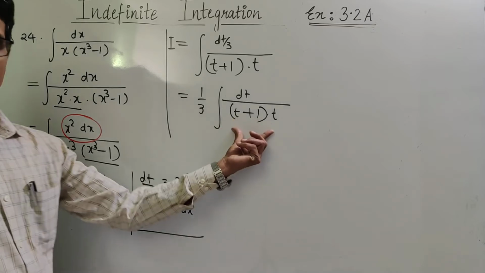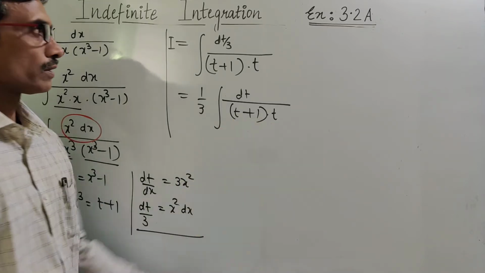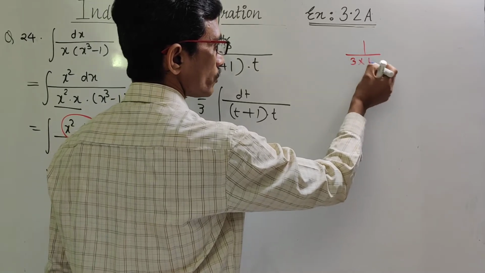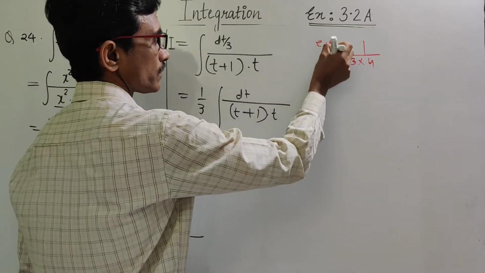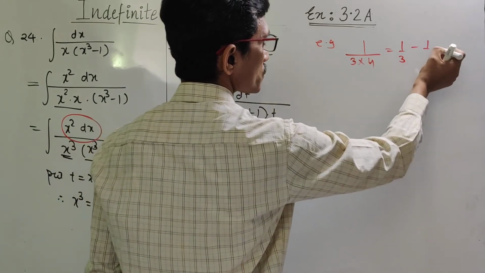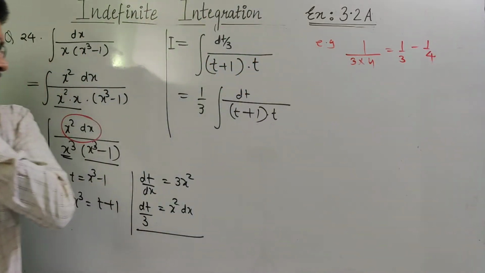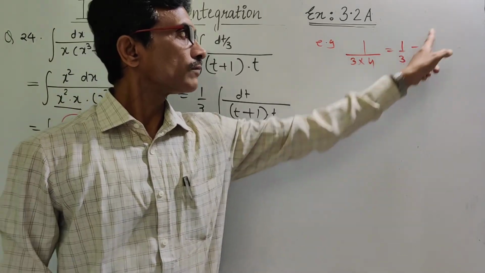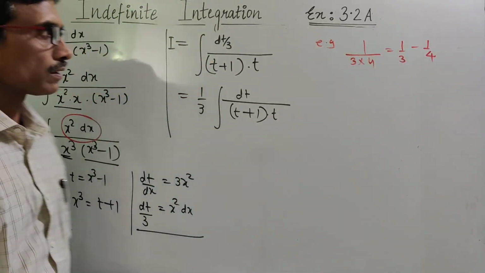See, these are the consecutive numbers t and t plus 1. So wherever we have consecutive terms, for example 3 into 4, this can be expressed as 1 by 3 minus 1 by 4. LCM is 3 into 4, and 4 minus 3 will give us 1 in the numerator.